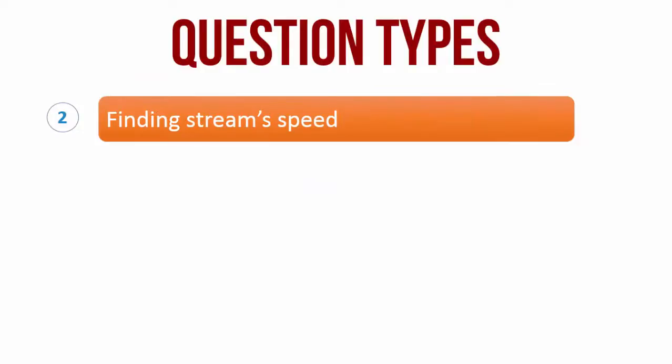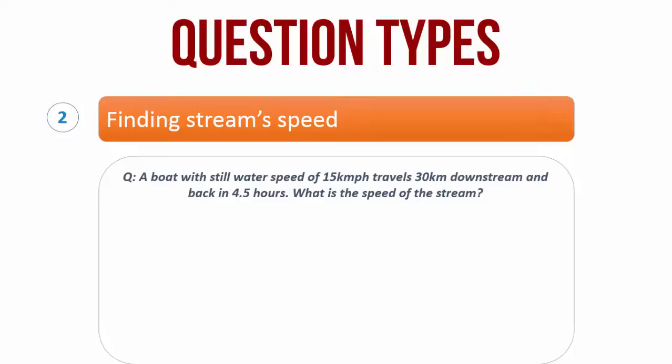In the second kind of question, you will be asked to calculate the speed of the stream. For instance, let's take this question. A boat with still water speed of 15 kilometers per hour travels 30 kilometers downstream and back in 4.5 hours. What is the speed of the stream? Now, one thing which you must keep in mind is that the basic principles and ideas in a boats and streams problem are those of time and distance.